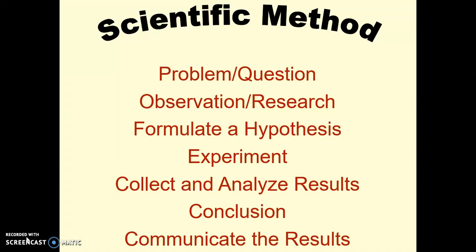After doing an experiment, you collect and analyze the results, and you come to a conclusion. After that conclusion, if it matches your hypothesis, you communicate the results through various media, like publishing a paper or communicating through emails. So you communicate your results after that.